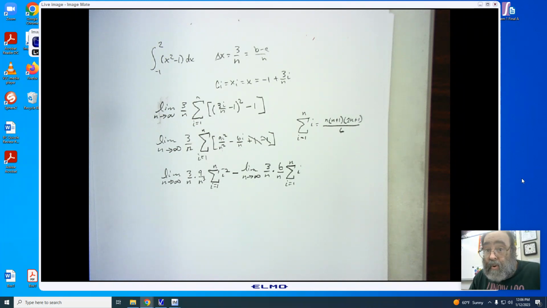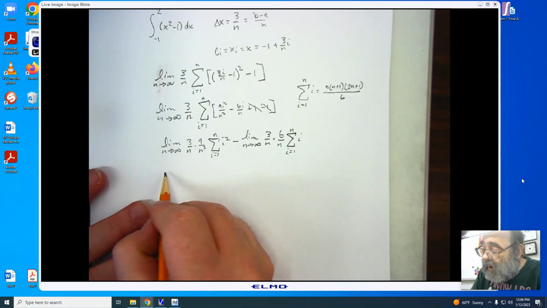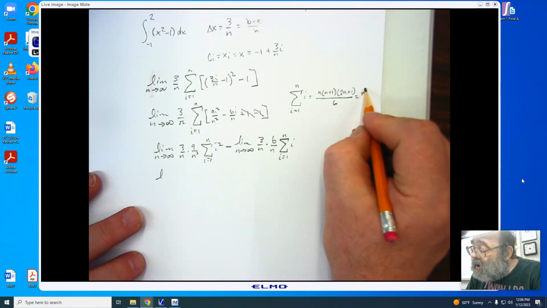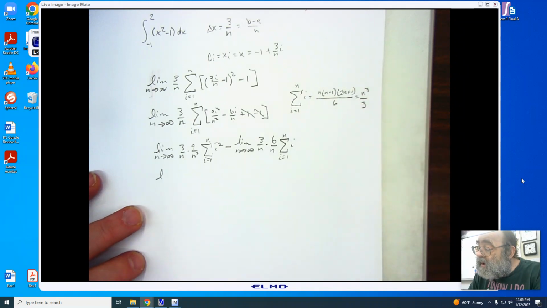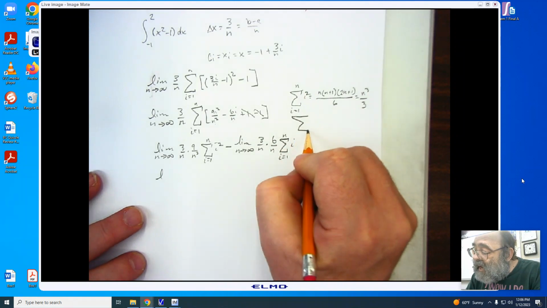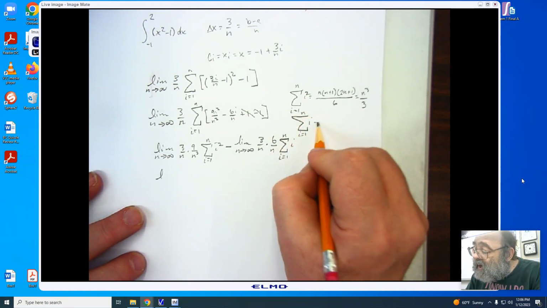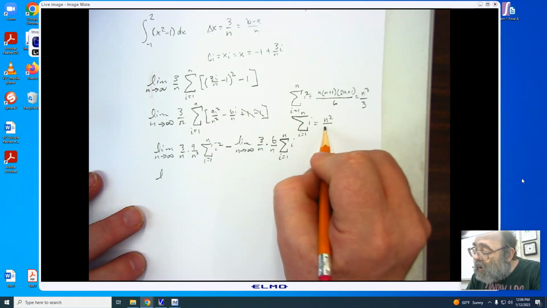And for limits as n approaches infinity, when the higher power is in the denominator, the value is 0. So we're only working with n cubed over 3 for i squared, and for i, as I mentioned in the previous video, I'm using n squared over 2.